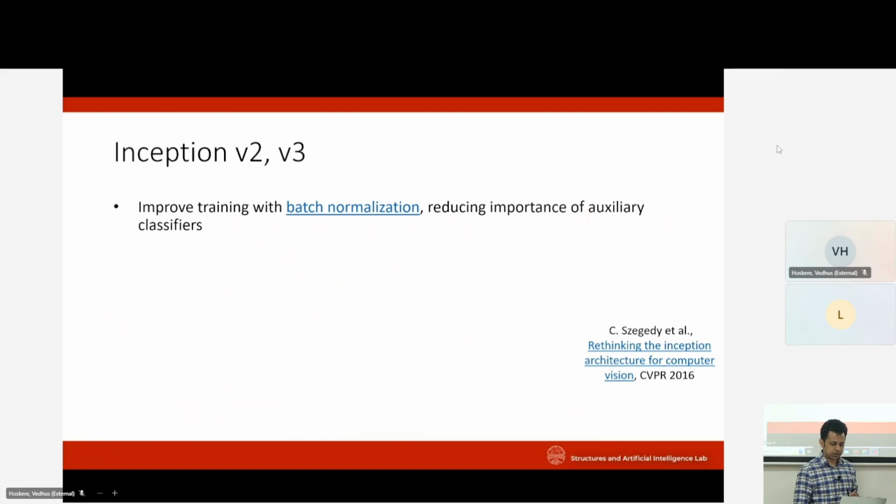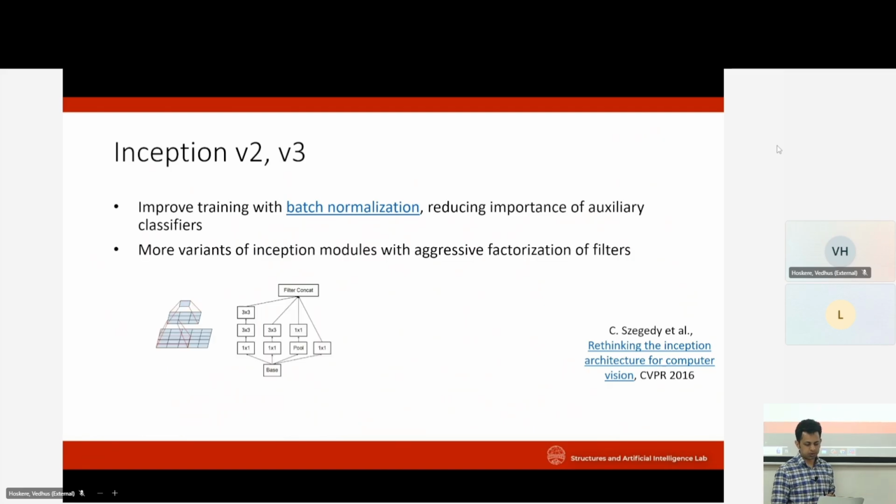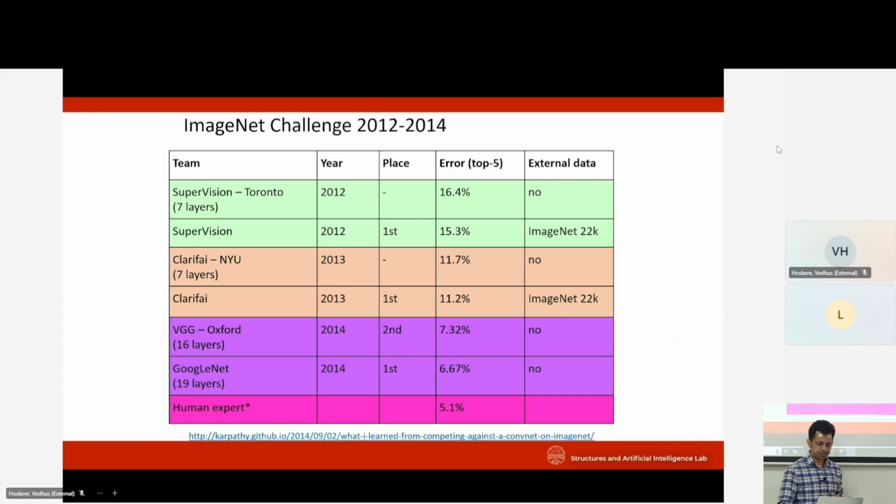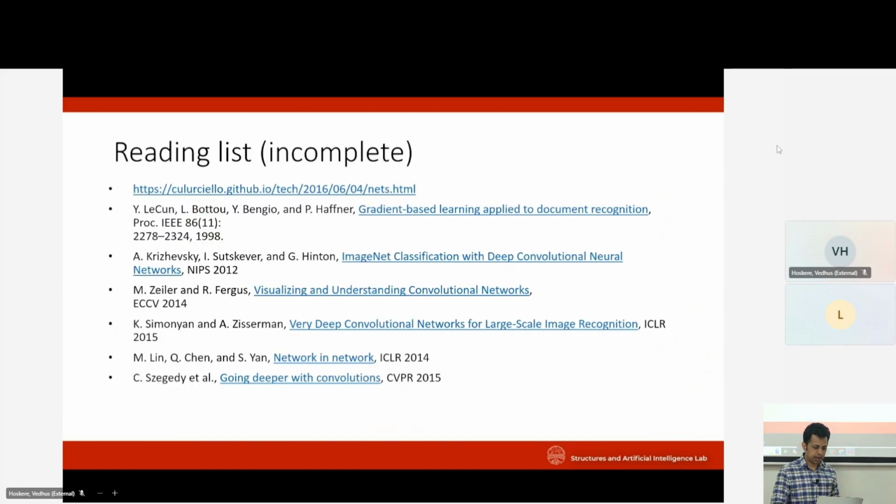That was introduced in later variants, and they had more changes. By 2014, performance was very close to what a human would do with those 1,000 classes. And here are some more articles that you can read about this.